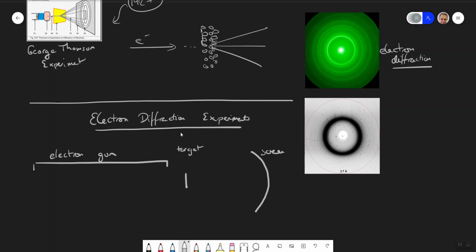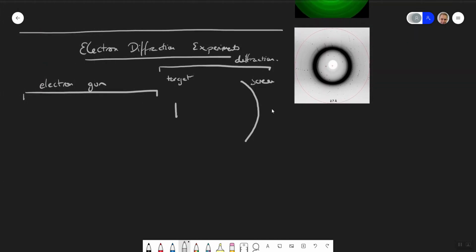So we've got an electron gun bit, and then we essentially have a diffraction part to the problem. This is nice because the first bit comes out of your knowledge of circuits and things, and the second bit comes out of knowledge of waves. So it's a nice, weirdly synoptic thing that can exist in that part of the paper.